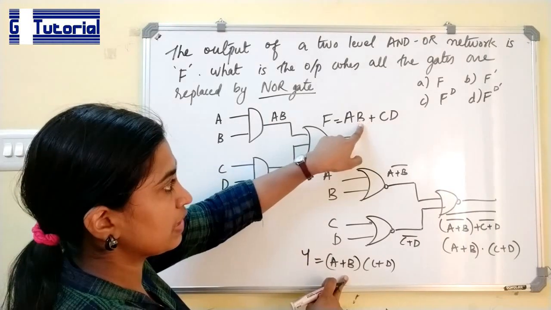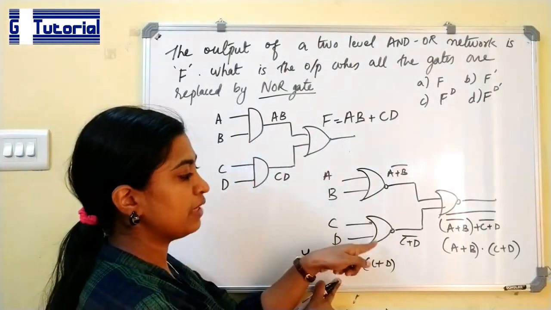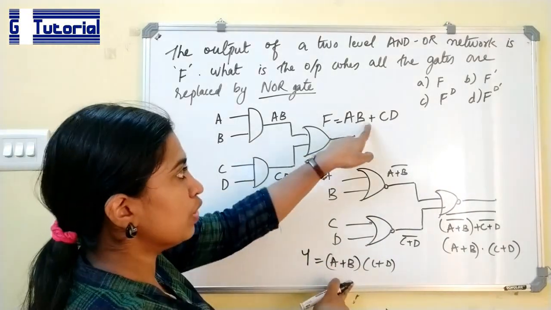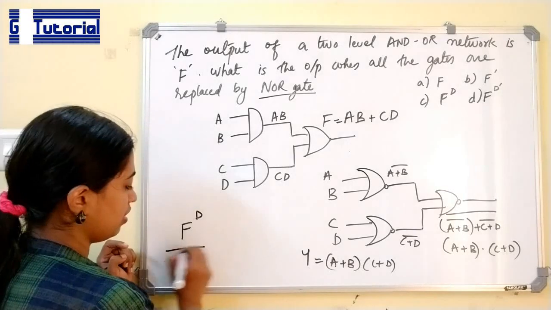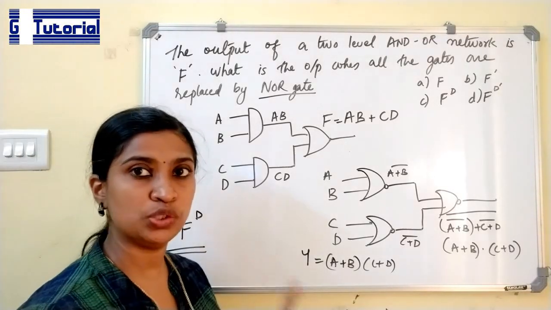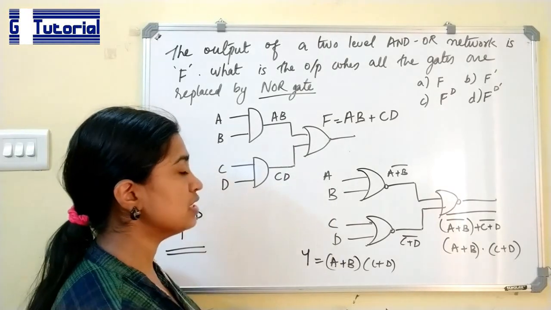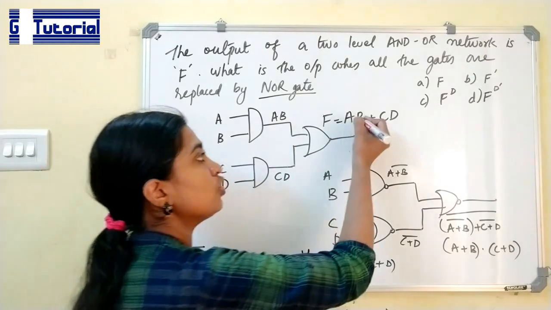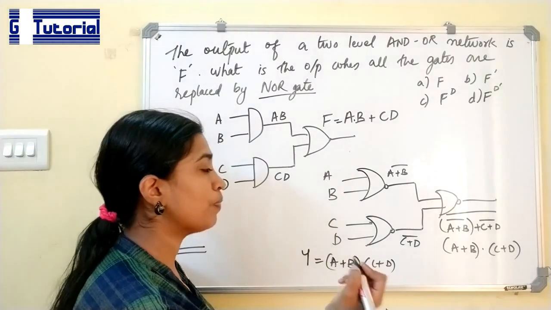Comparing both of these, we can say that the output obtained by replacing the gates by NOR gates is just the dual of this. That is, we have obtained the dual of F. Now we can see what is meant by dual. Dual of a logical expression is obtained by replacing each AND operation by OR and each OR operation by AND.